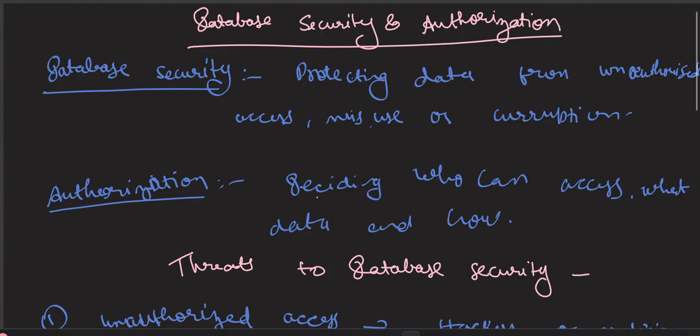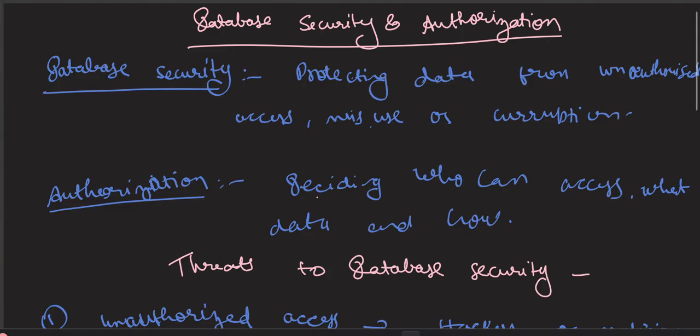So in database security, we have seen protecting data from unauthorized access, misuse, or corruption. And in authorization, we have learned it is deciding who can access what data and how.